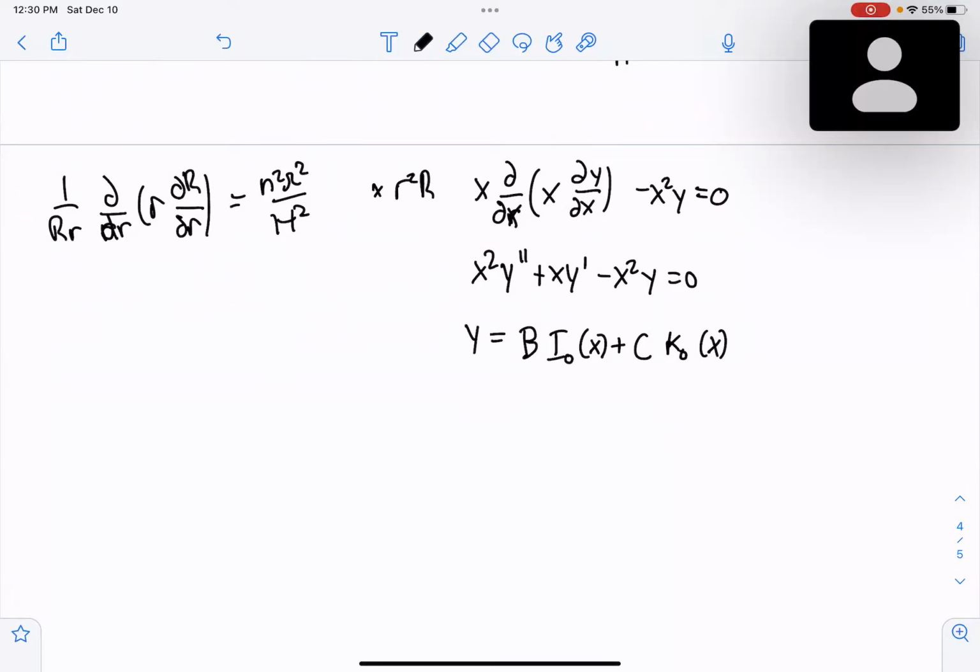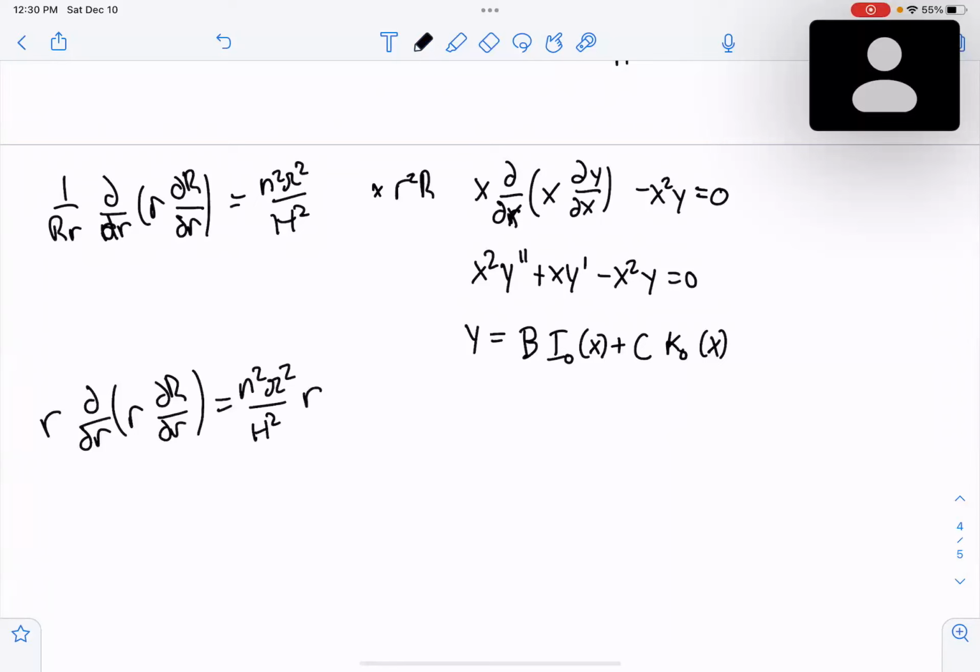But if we go through with that, we have r d over dr, r dR dr is equal to n squared pi squared over h squared, r squared R.